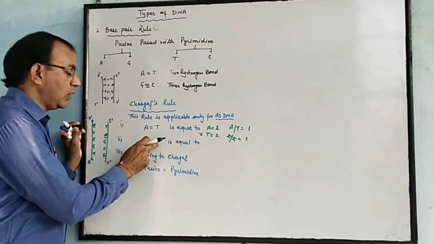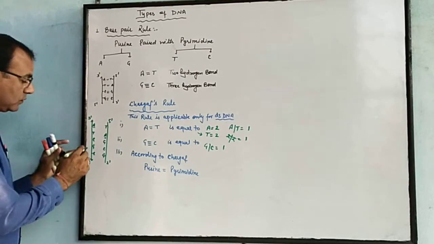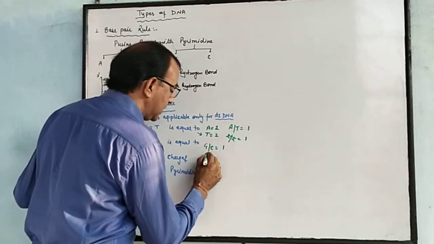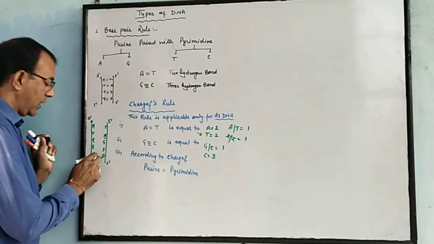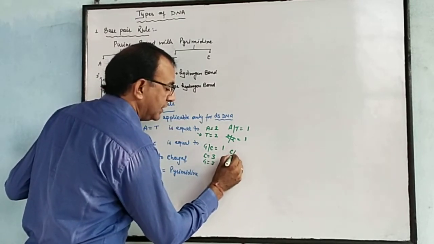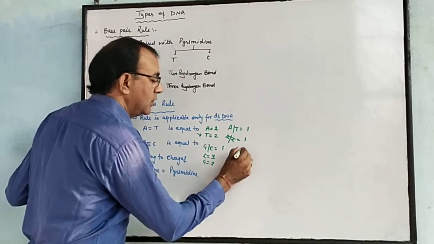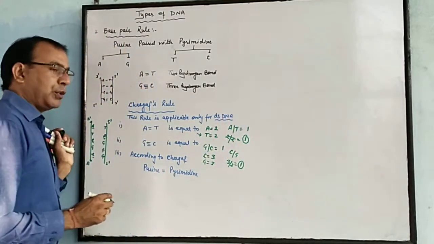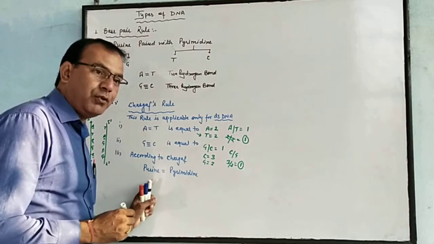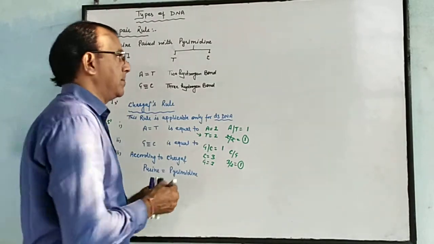C is 1, 2 and 3, there are 3 C. And G is 1, 2 and 3, so G is equal to 3. So G by C is equal to 3 by 3, that is equal to 1. So according to Chargaff, purine is equal to pyrimidine. Clear? To show that the values of purine and pyrimidine are equal, he put an example. Take an example of a DNA.